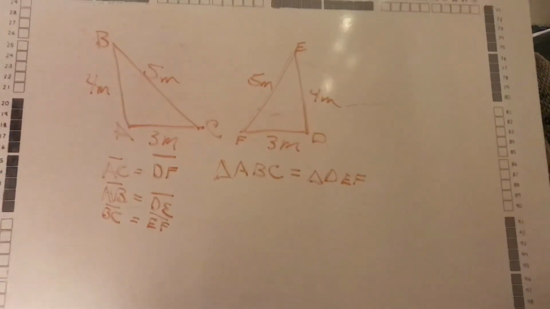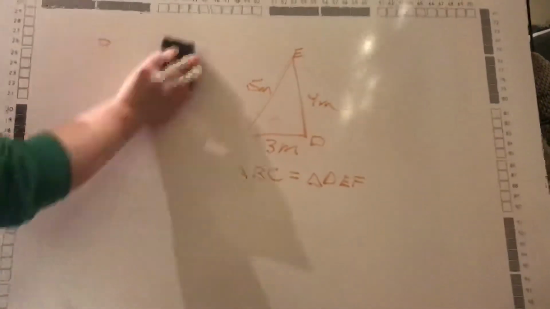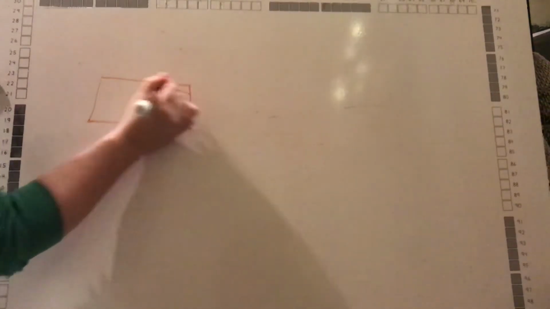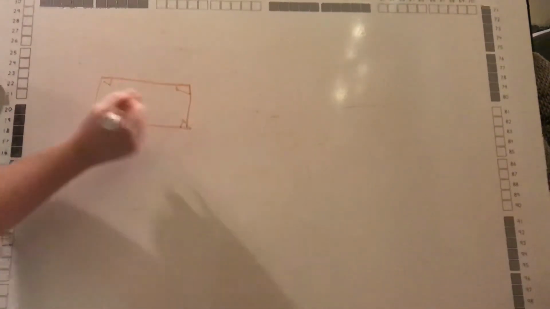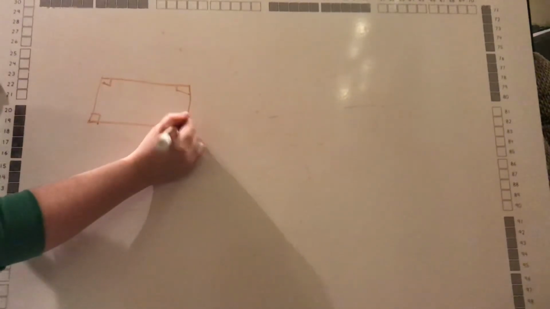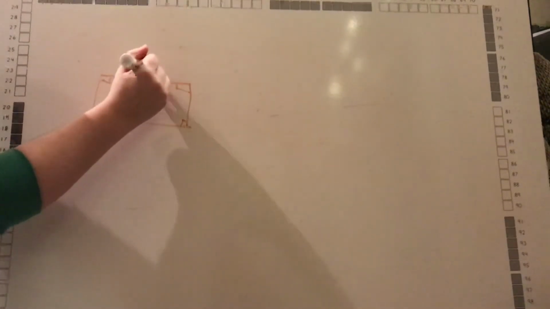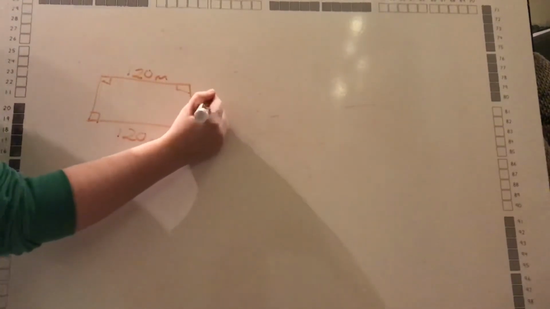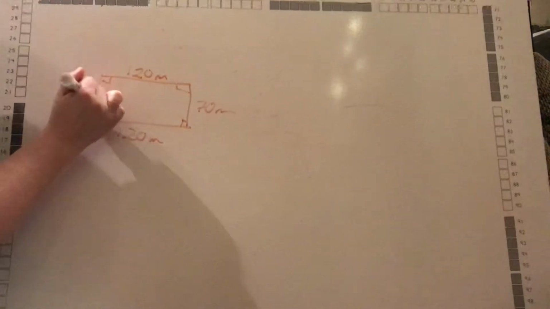So if you look down on the next thing, it says, for polygons with more than 3 sides, it is not enough to compare the measure of their sides. So if you have a rectangle, those marks are supposed to mean right angles, and 120 meters, 120 meters, 70 meters, 70 meters.